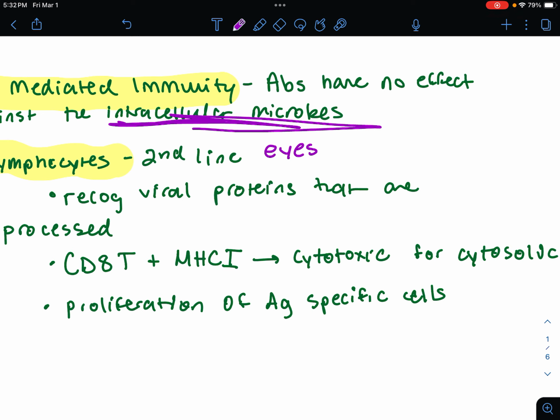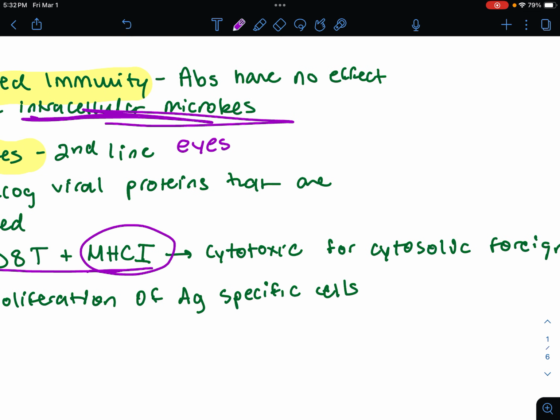microbes. So, again, the surface of the cell will express these MHC complexes. So the CD8 T cell plus MHC1 will recognize the antigens on the surface of the cell. The antigens will be displayed on this MHC.